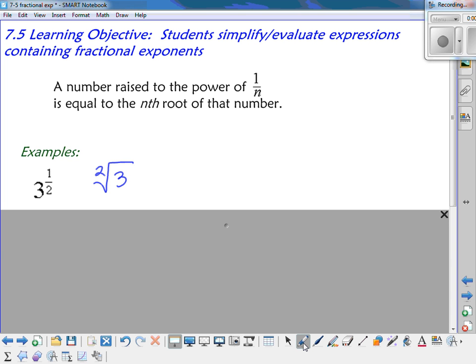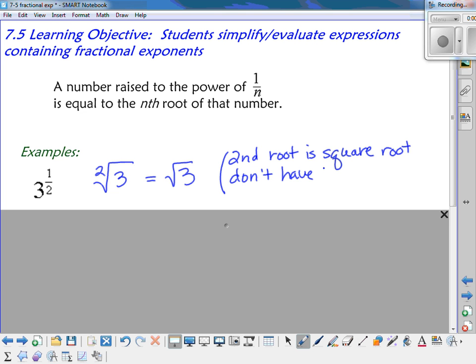The second root is just a square root, and we don't have to write the 2, we would just write it as the square root of 3. The 2 is assumed to be there on a square root.